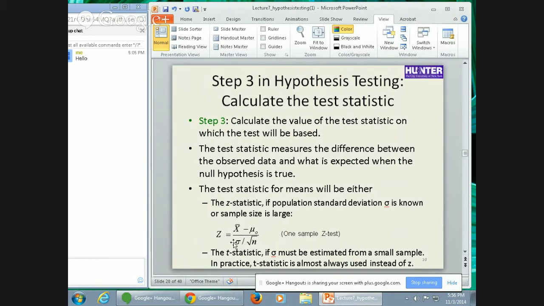So standard deviation sigma over square root of n. And if you're using S here, it's the same calculation except that your theoretical null distribution will be a t distribution. The important thing is that you have some formula for calculating a test statistic at this step.